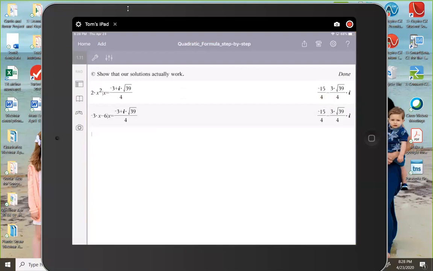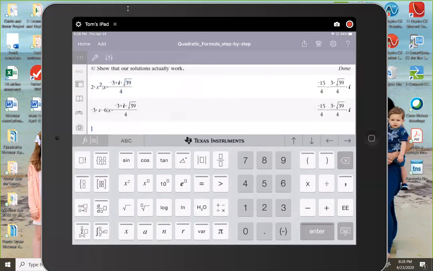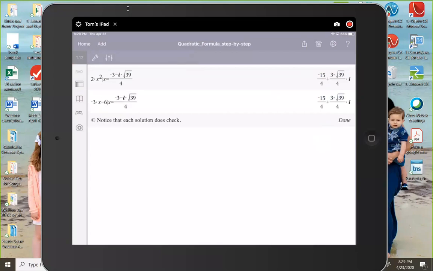So what I can do is take the left-hand side of the equation and write 2x squared such that x equals one of the solutions and see what answer we get. And then do the other side of the equation such that x equals the same value. And notice we're getting the same numbers on each side. So that means there's an equality there. I can also show both sides using the minus part of that solution and get the same thing on both sides.